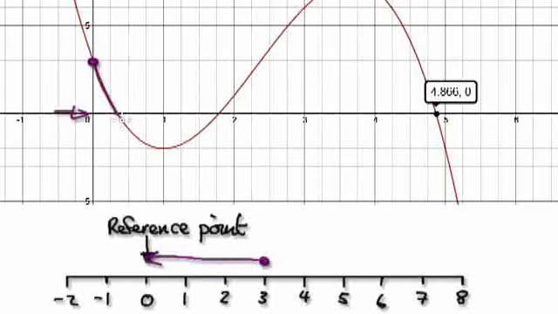Now it then goes past our reference point, meaning it moves over to here. So this bit here corresponds to this bit, and then it starts to turn around, and then hang on.